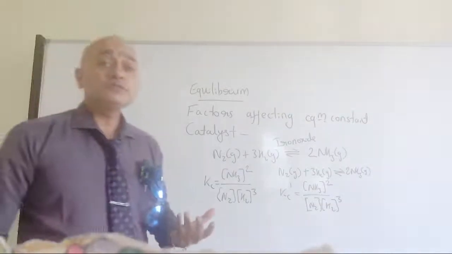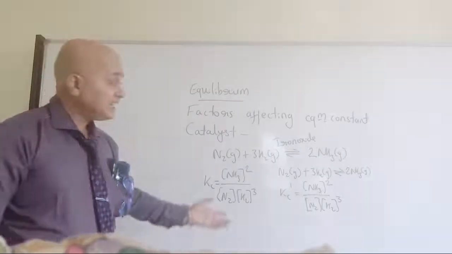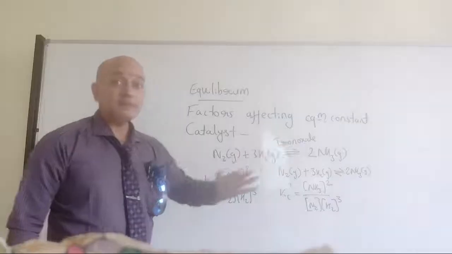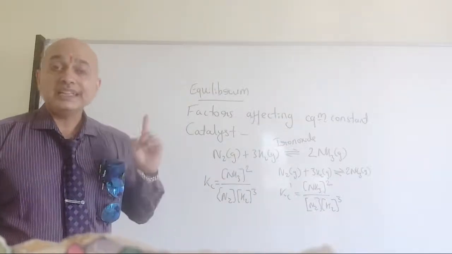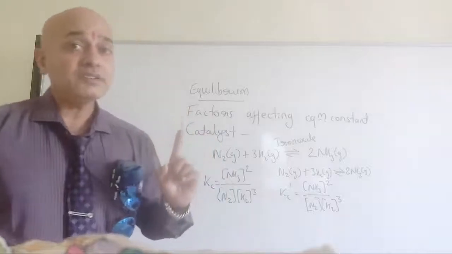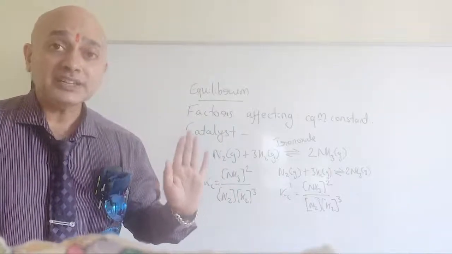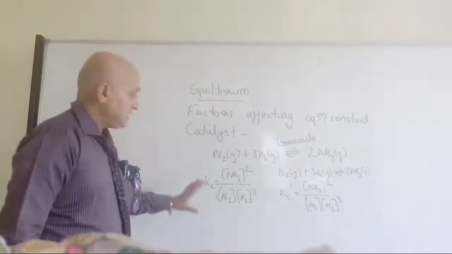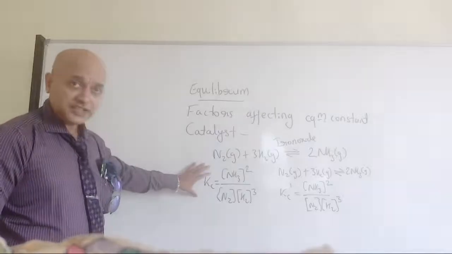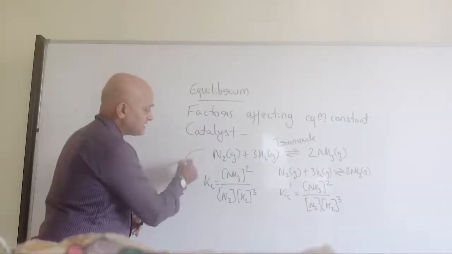So then what is the use of the catalyst? The use of the catalyst is that it helps in attaining the equilibrium at a faster rate. Please remember, catalyst is not going to alter the equilibrium. It will make the reaction attain the equilibrium at a faster rate. For example, imagine this reaction is happening in the presence of the catalyst.